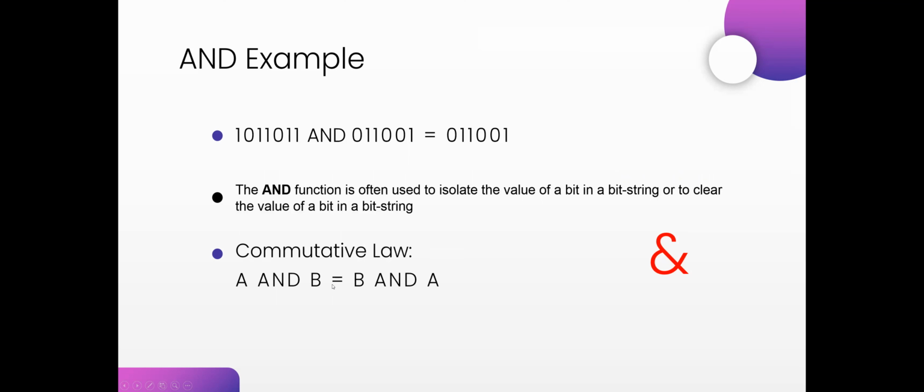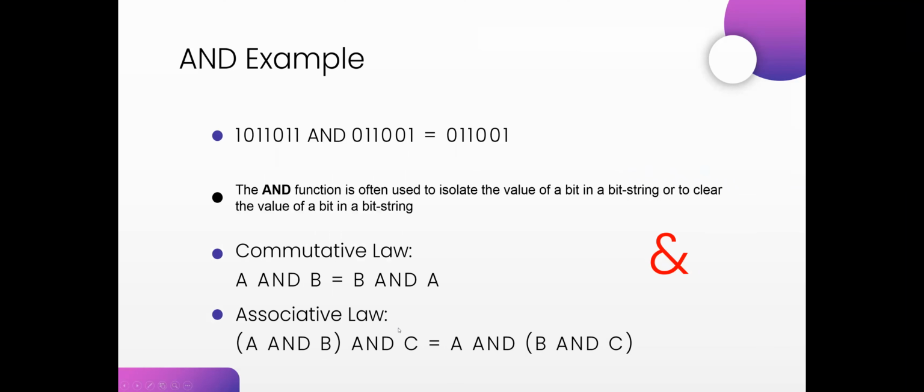A and B is the same as B and A. Okay, so they have the commutative law, and also they have the associative law. If you have A and B and C, it is equal to A and, first, I'm going to do B and C first, and then I'm going to do A and this result. Why? Because you can see if I have 1, 0, 1, 0, 0, 1, this is my first number.